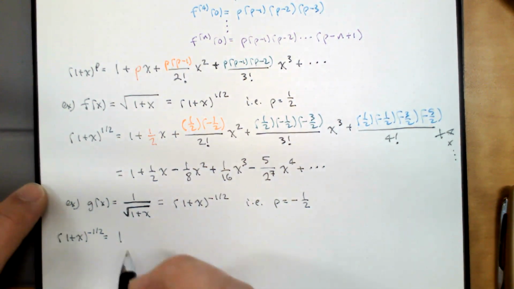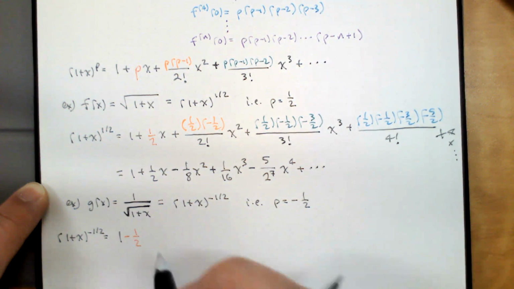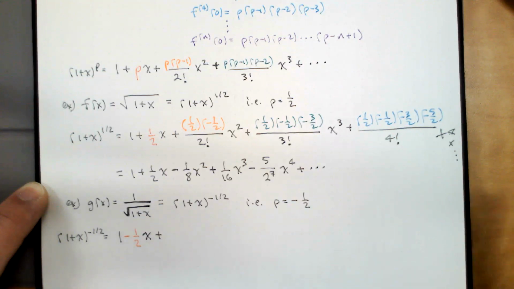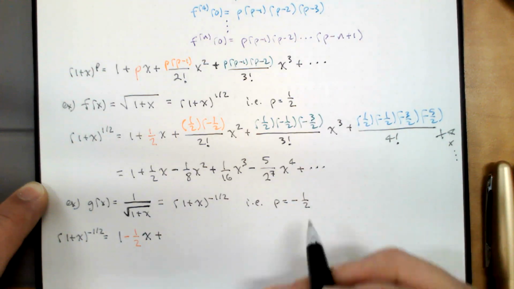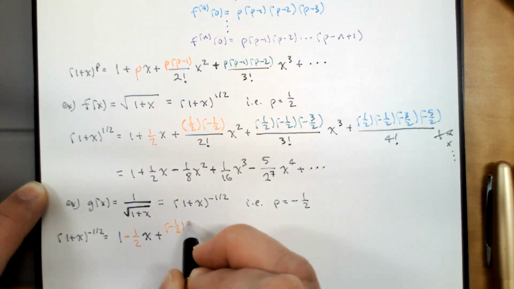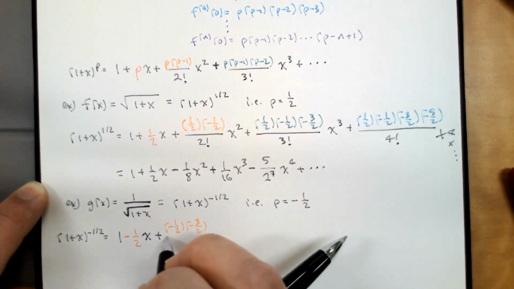So now p is negative 1/2. So my first term will be negative 1/2 x. Then when we start off at negative 1/2, I'll have a negative 1/2 times negative 3/2 over 2 factorial x squared.